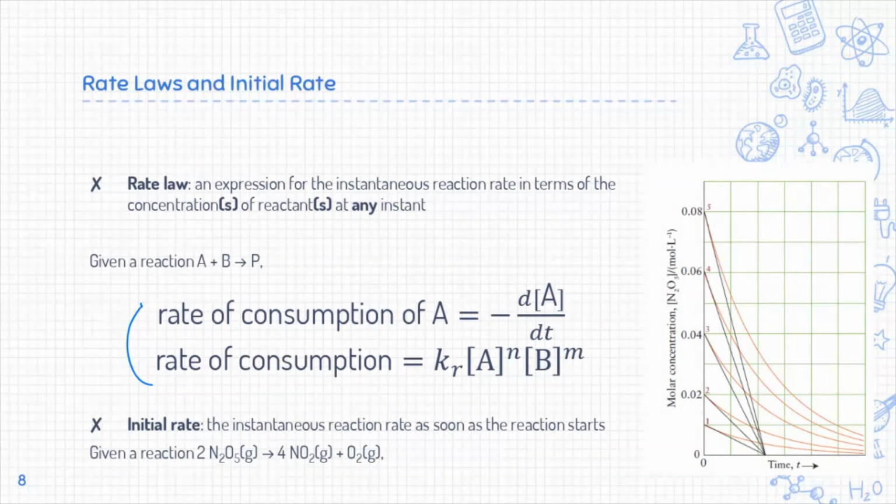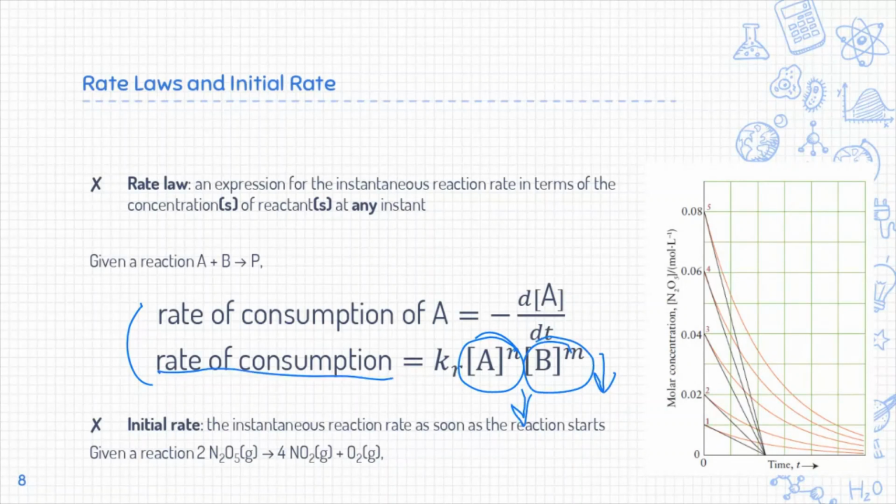Why? Because these concentrations decrease, and overall the rate of consumption would also decrease. And this is basically a continuous process as the rate of consumption or production approaches a certain value.